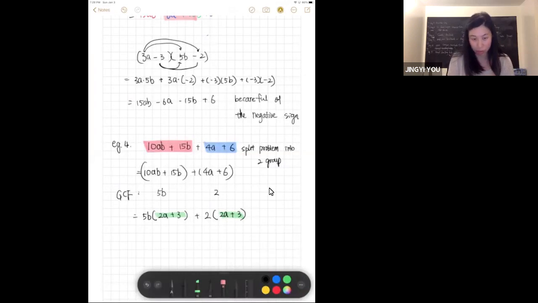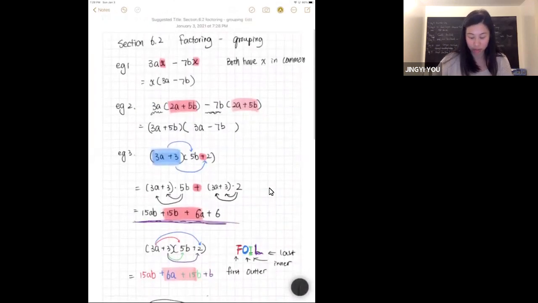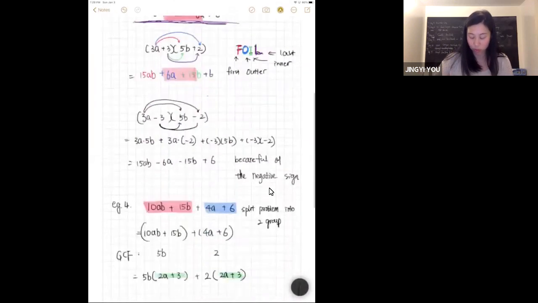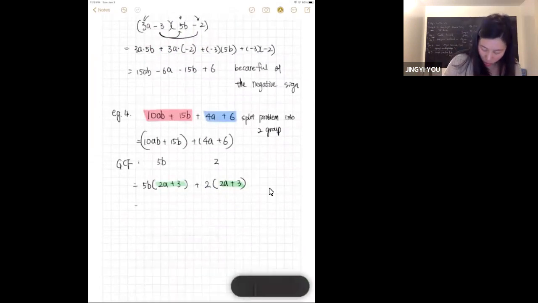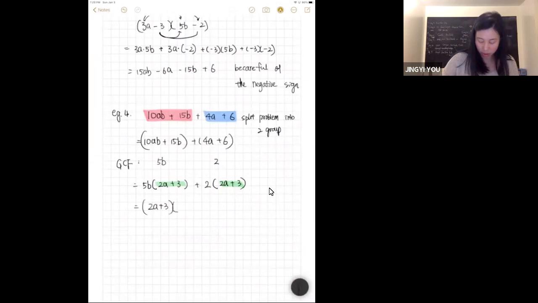That means I can factor this group out like what we did earlier today in example 2. So I have 2a plus 3, and what remains is 5b plus 2. This method is called regrouping to factor.